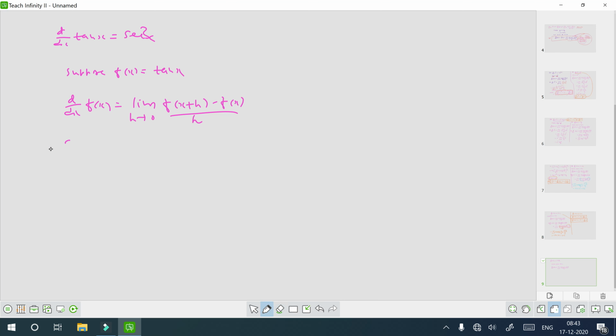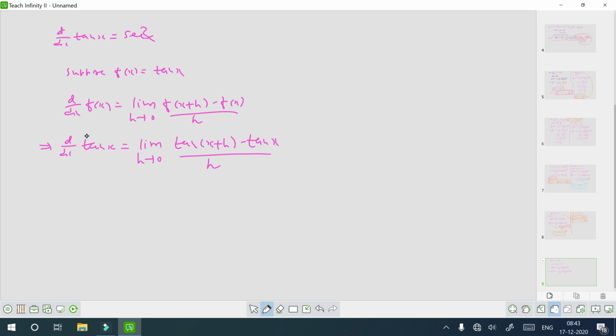This implies d by dx of tan x is equal to limit h tends to 0, tan of x plus h minus tan x upon h.